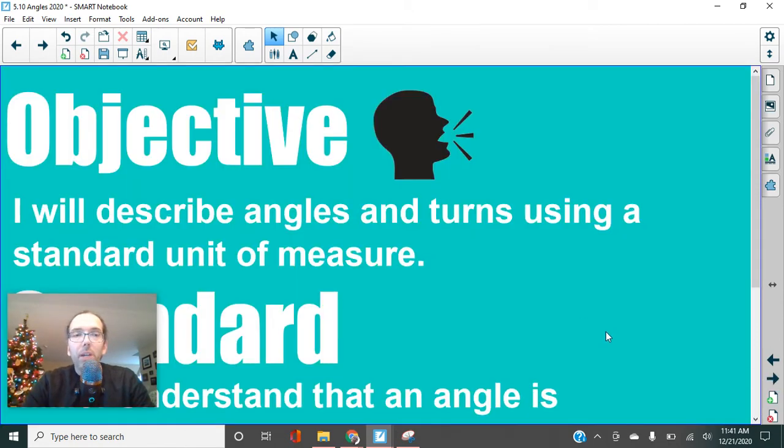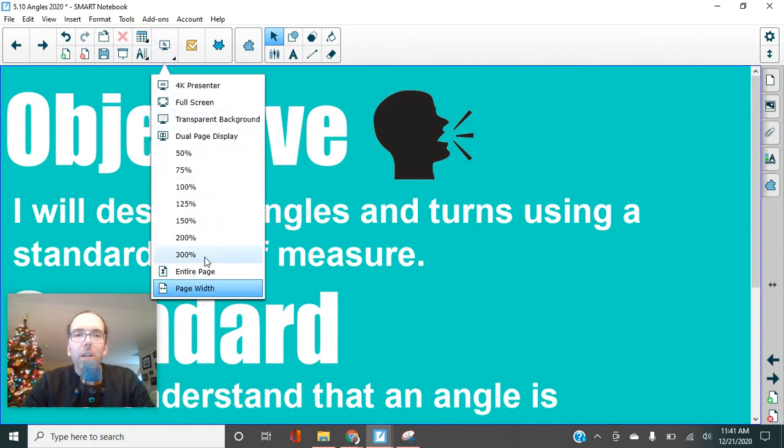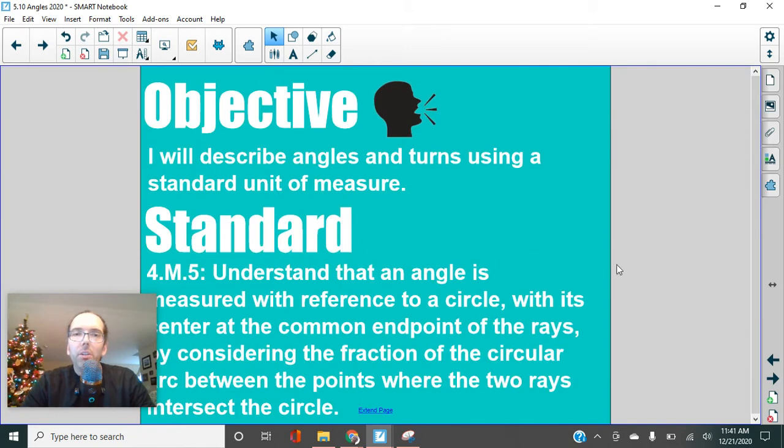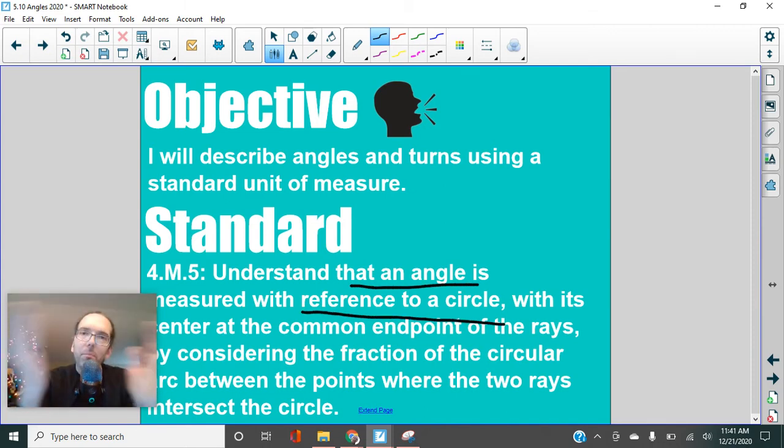So our objective here is to describe angles and turns using a standard unit of measure. And you can see we have this great big long angles standard. What we're really focusing on is what an angle is and how that connects to being open.